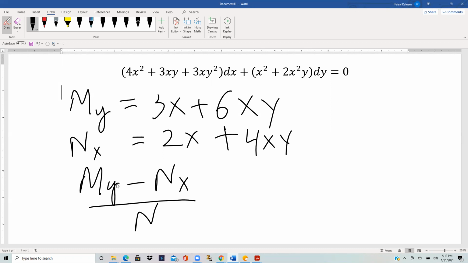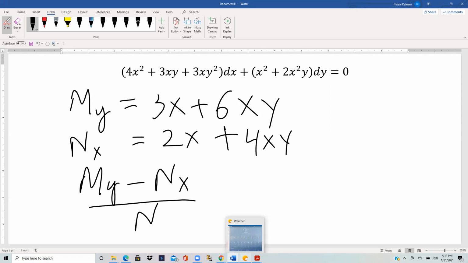Whichever order you put them and subtract, whatever is subtracted, that's the one that comes in the denominator. I mean, not the derivative, but the original. So if you are subtracting Nx, then the denominator will be N. And if you're subtracting My, then the denominator will be M.